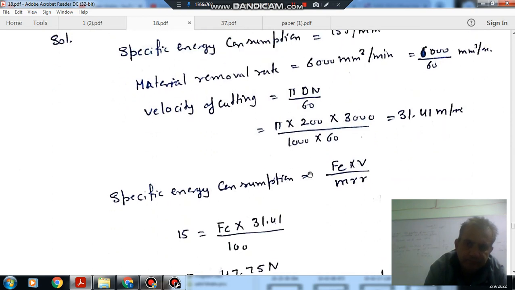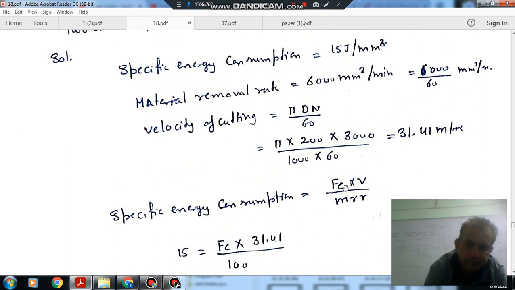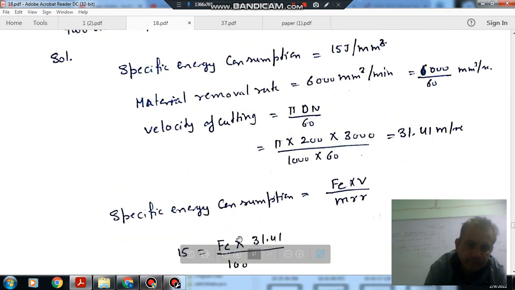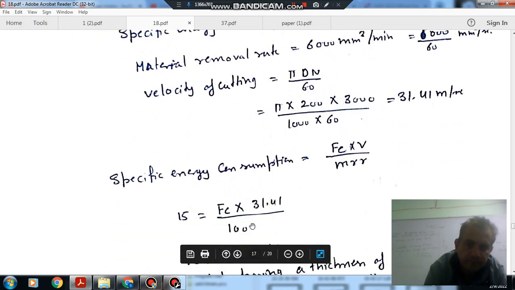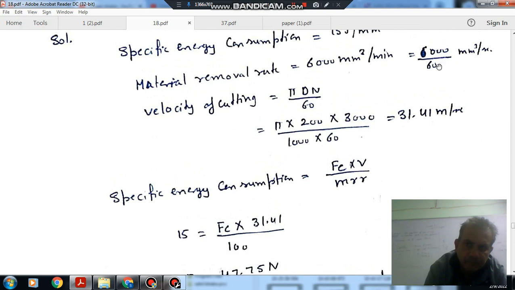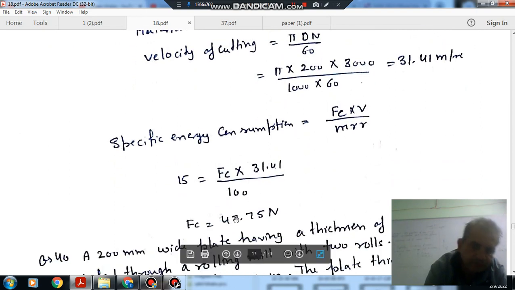Putting the values, Fc is 15, V is 31.4, and MRR is 100. So Fc comes out as 47.75 Newton.